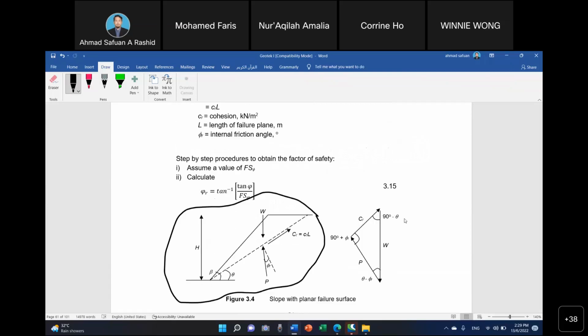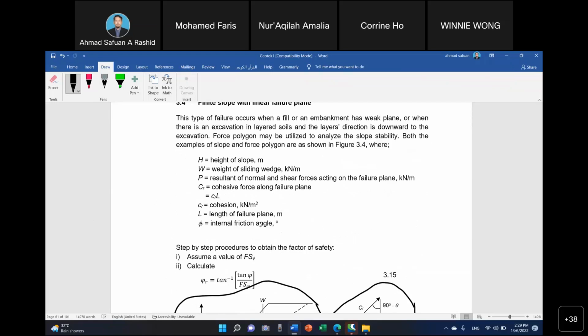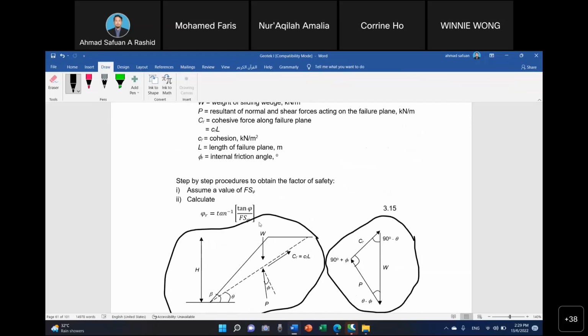So in order to use this approach, we need to refer to this figure. The procedure to determine the stability of this slope, we may use the trial and error approach, where we have an FS phi on the right, and then we also have FSC.